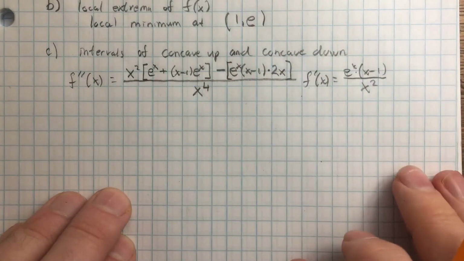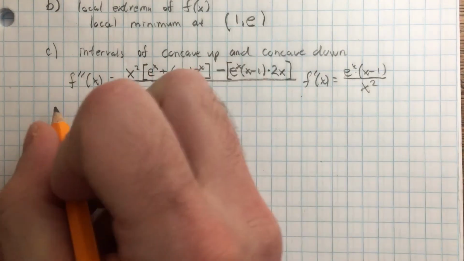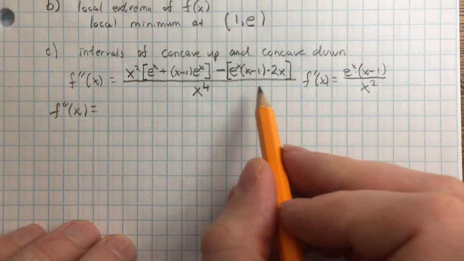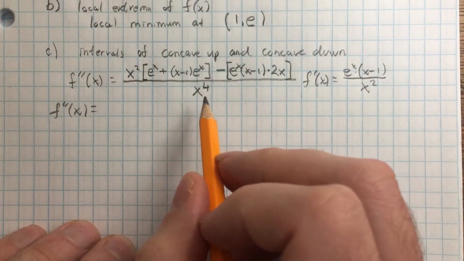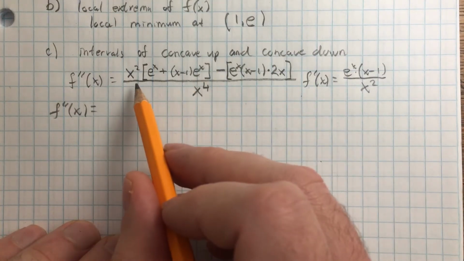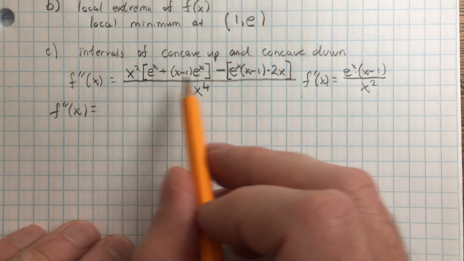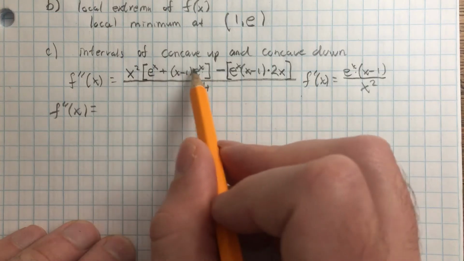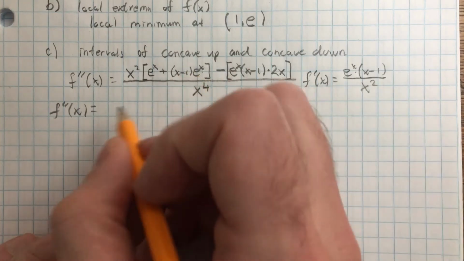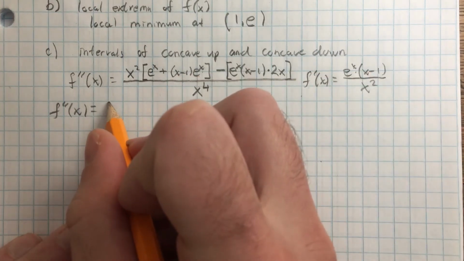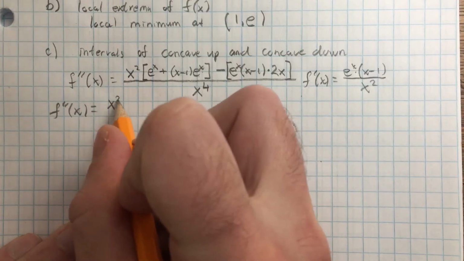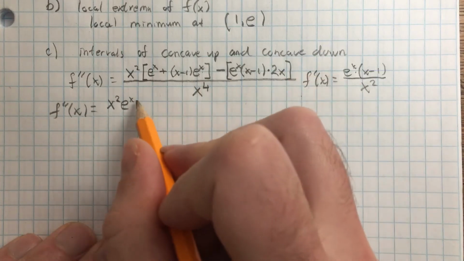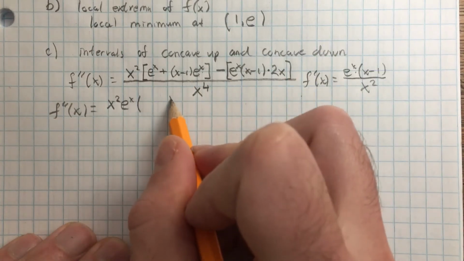Okay. Now we just need to clean this up as much as possible. So f double prime of x should be, let's see what we have. Go ahead and take out, it's not so obvious, but there's a factor of e to the x sitting in here. I'm going to remove that and get rid of some of these brackets at first. So I'll have x squared. If I take e to the x from here, I have e to the x left inside the bracket, right?